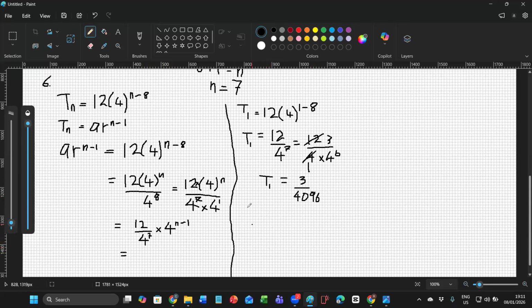If this is the T1, what do you think we should do to get the common ratio? Do we need to find T2? We could, and then say T2 over T1. I'm just thinking, would that be an overkill of some sort?